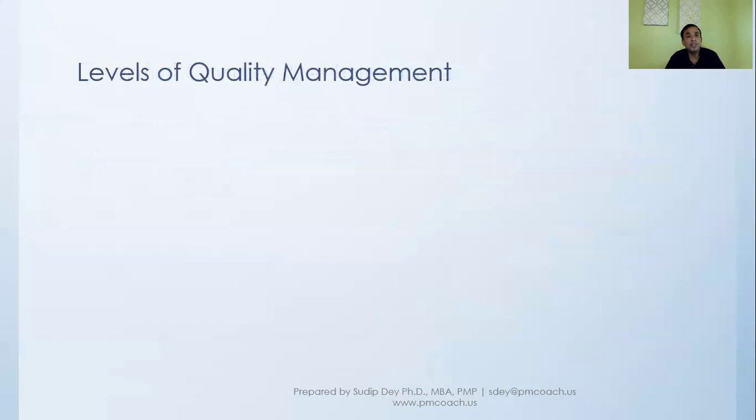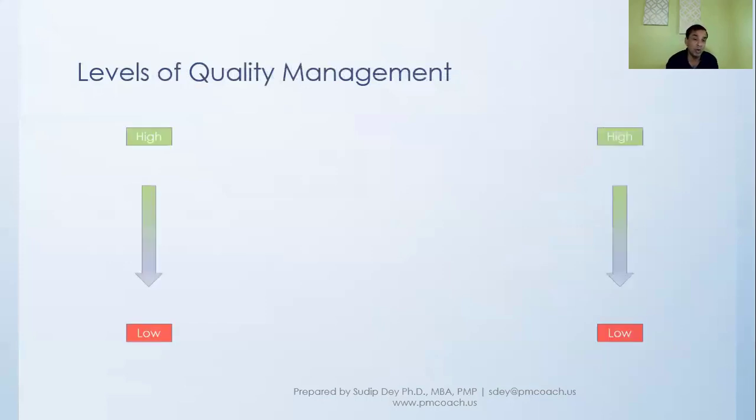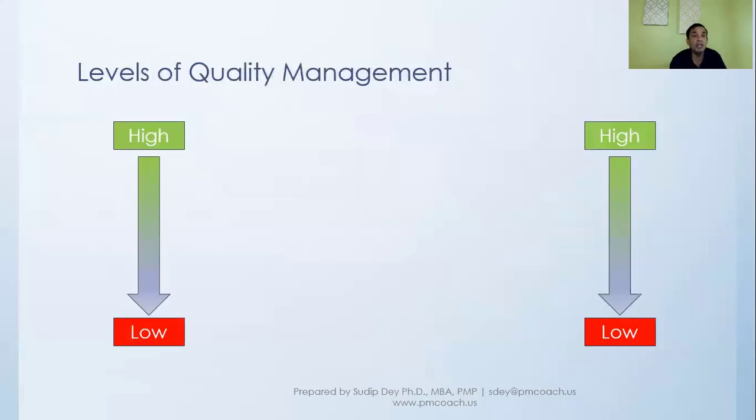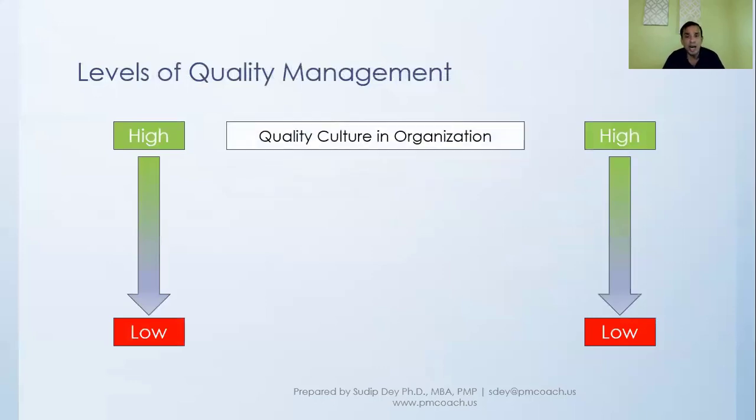Now, there are different levels of quality management because in an organization, you will find there are different levels. For example, some are more mature, some are less mature. If we look at the different levels when we are managing quality, from highest to lowest, if you have a quality culture in the organization, that is the highest level.